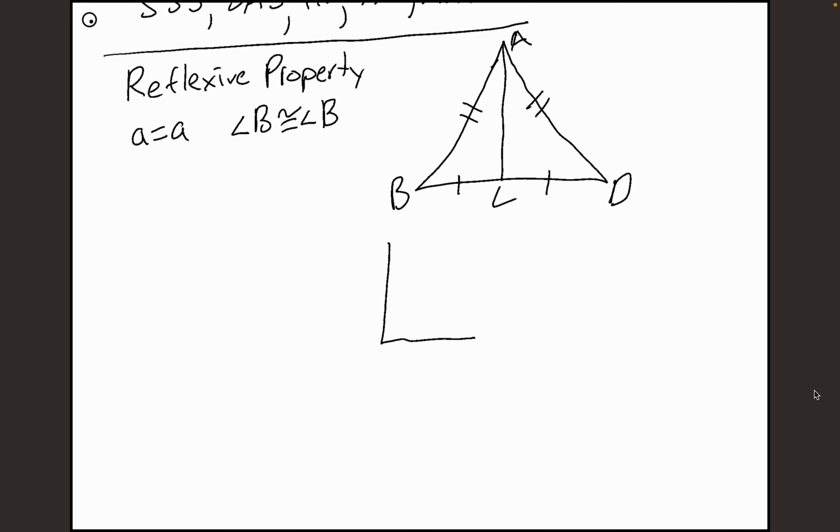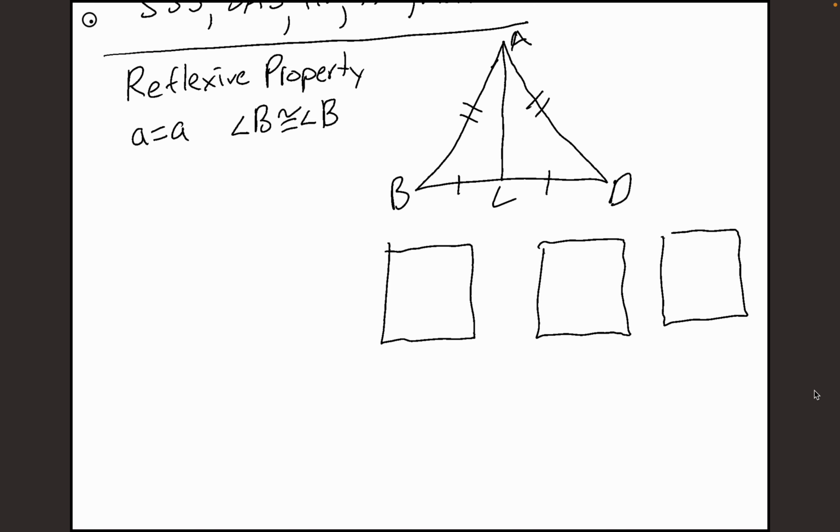Now, I'm going to put some boxes here because this is what it's going to look like. Do you remember you guys were doing these proofs and you had these boxes and then it goes down to 1 box? So this is going to say triangle ABC is congruent to triangle ADC.